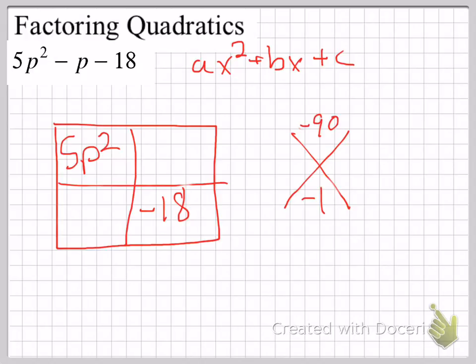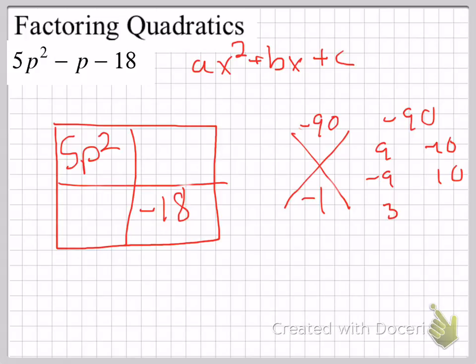Now we need to find factors of negative 90 that when we add them together equal minus 1. So let's talk about them. We know 9 times negative 10, negative 9 times 10.